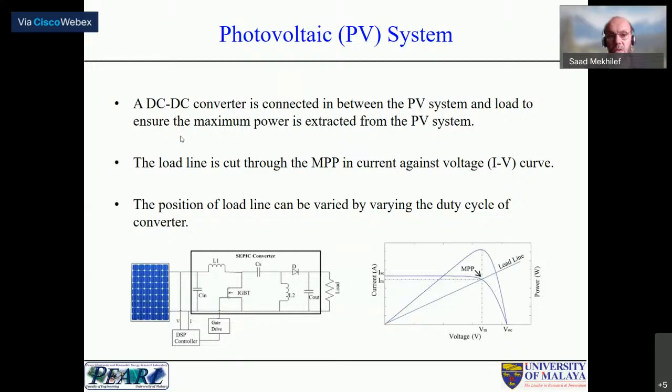And then we have the controllers, which work based on the input from the PV panels. The controller will generate the switching to drive the IGBTs or the MOSFETs used.